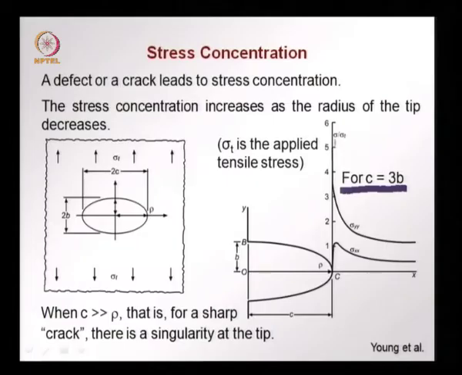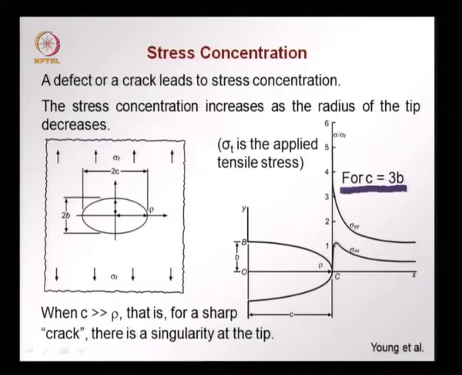On the x axis here we have sigma, which is the stress at any point divided by the applied stress sigma sub t. This is sigma yy, and this is sigma xx, the stress in this direction. So, we find that sigma yy is amplified almost 5 times at the vicinity of this defect tip.